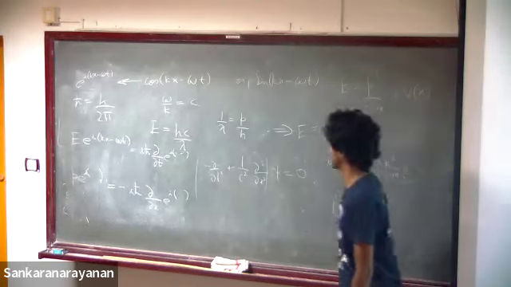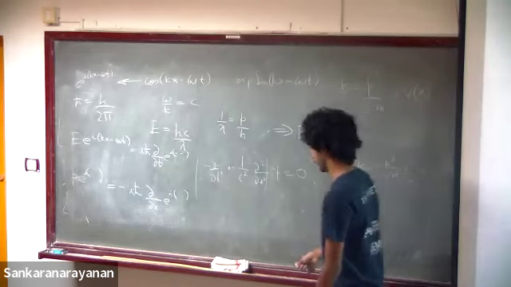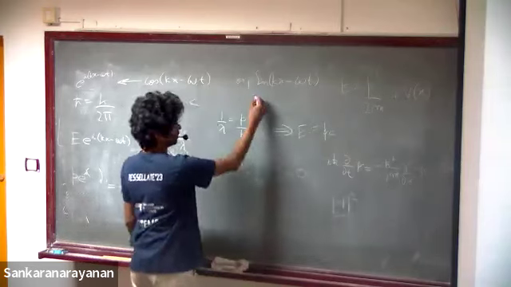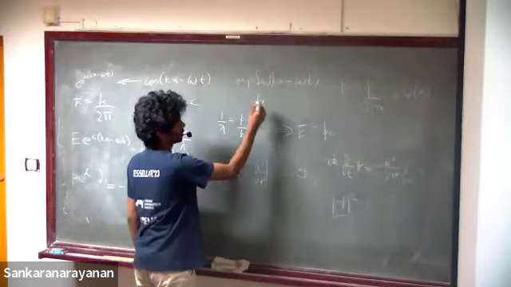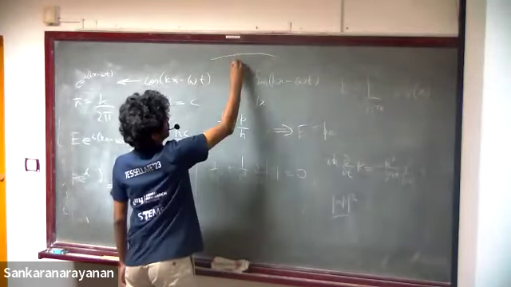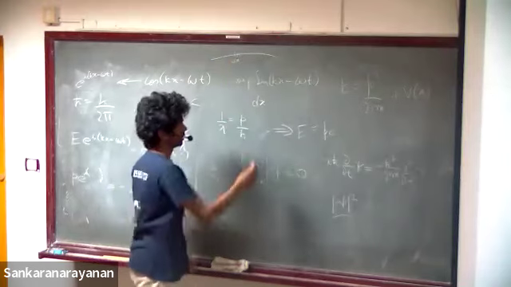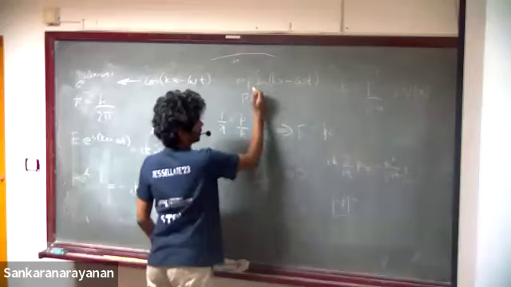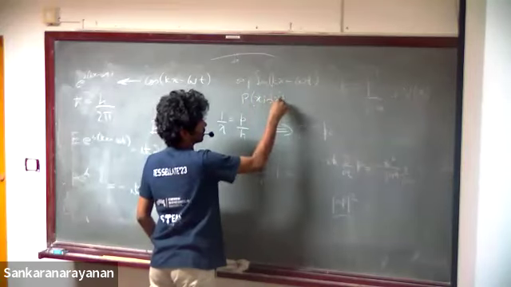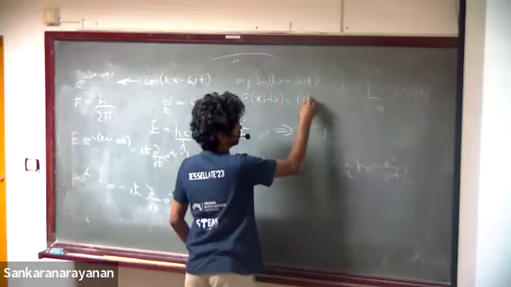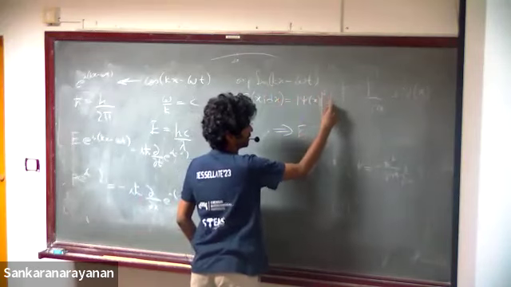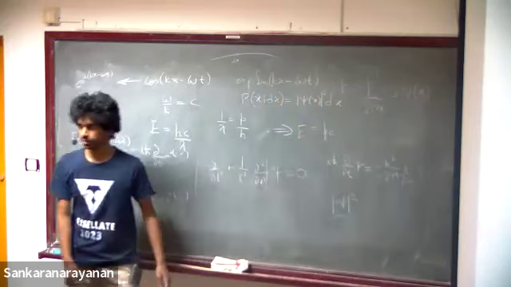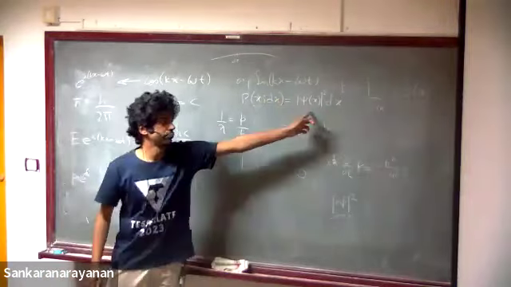So the probability of a particle being in a small portion dx is mod psi of x squared dx.